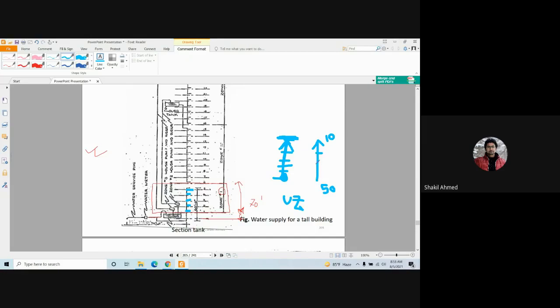Here maybe like 40, 30, 20. So what I'm trying to say is that if your minimum fixture pressure here is 8 and that is satisfied, 10 is greater than 8, then of course the minimum fixture pressure of 8 is met in this floor or this floor.